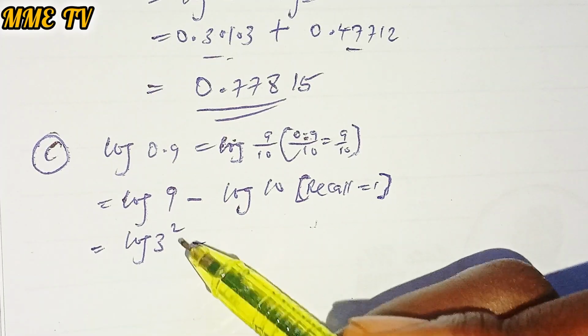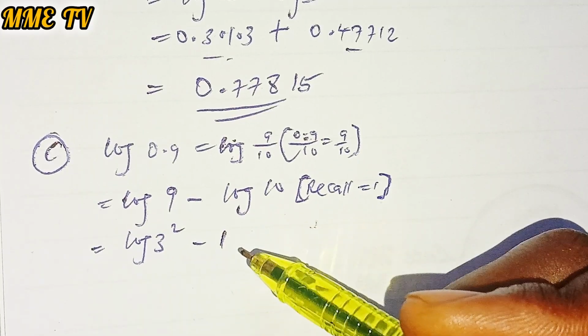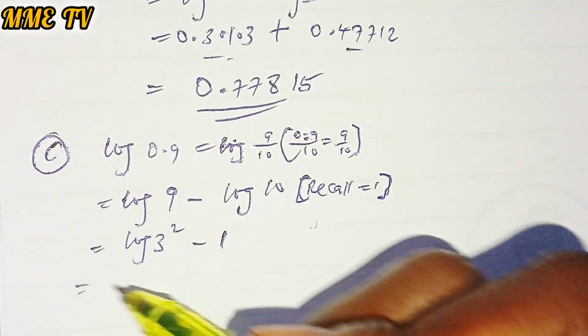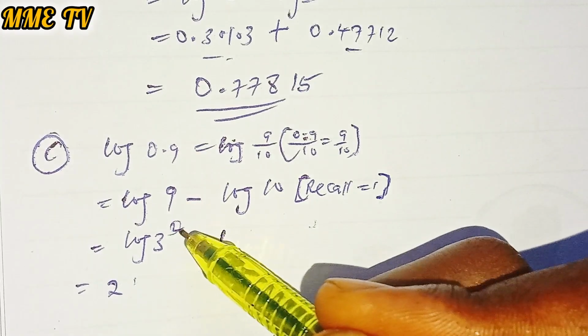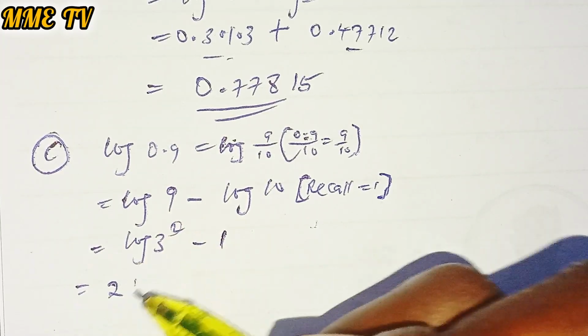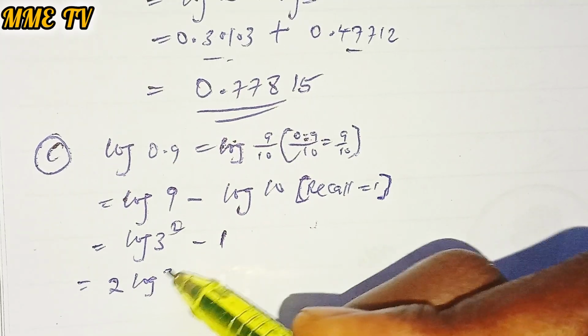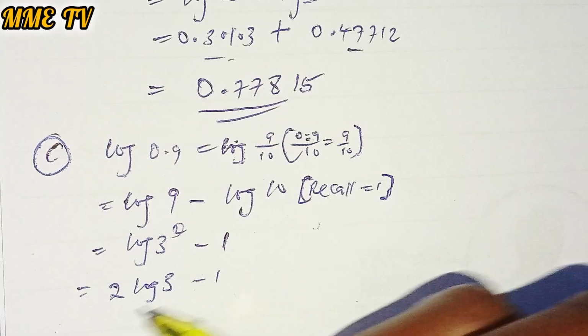So log 3 raised to the power of 2 minus log 10, remember we said it is 1, right? So it is equal to 2. This value that is here will go straight up to the beginning of this log, which gives 2 log 3 minus 1. I hope you are seeing this.